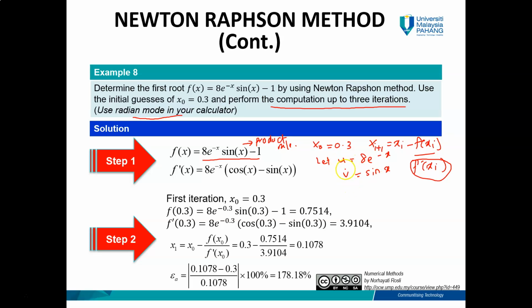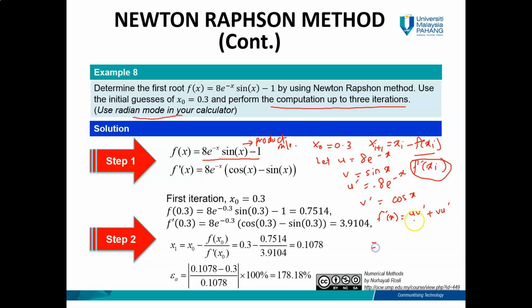And then class, we need to find u prime. If we have this function as u, that means u prime equals negative e to the negative x. And then v prime equals cos x. By the product rule, the derivative of the function equals u v prime plus v u prime.